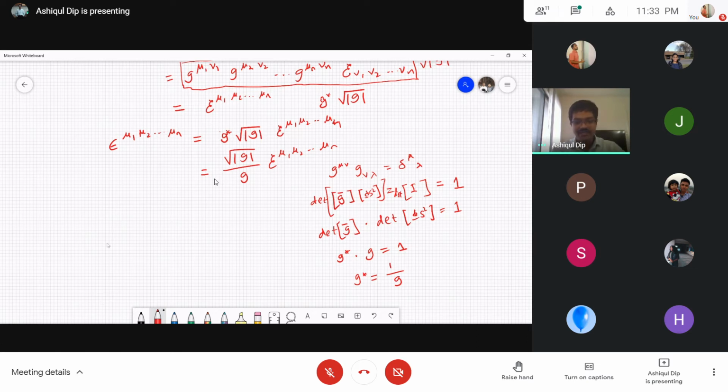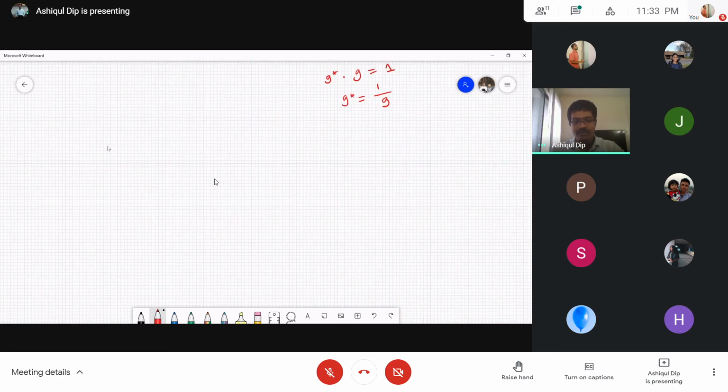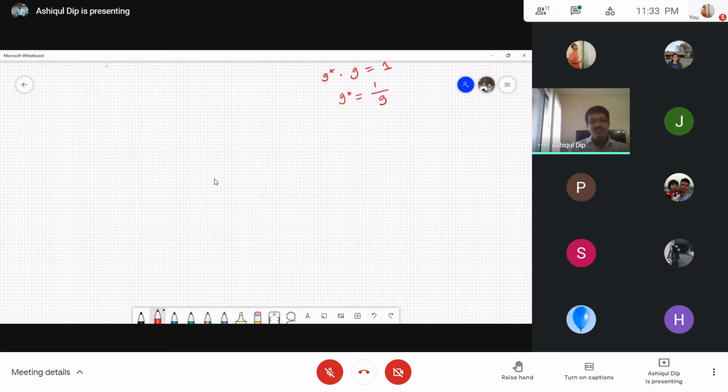Let's summarize the theory of P forms. So far we have learned that if alpha is a P form, then it can be written as 1 over P factorial alpha mu1 mu2 up to mu P multiplied by dx mu1 wedge dx mu2 wedge up to dx mu P. Then what did we learn?